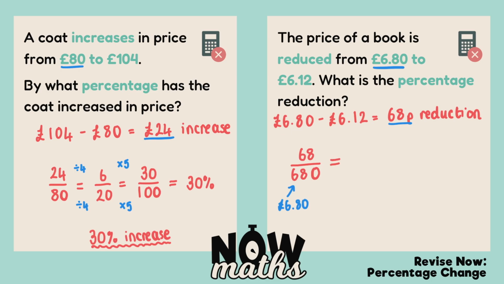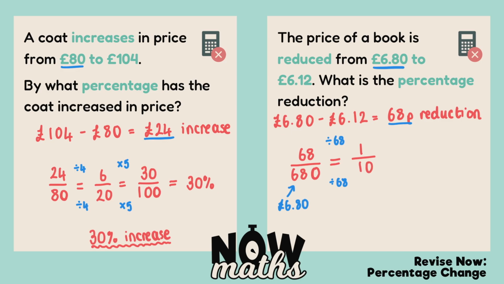And similar to the previous question, 680 does not go into 100. So let's try and simplify this fraction first. Since 68 is a factor of both the numerator and denominator, let's divide both by 68. On the numerator, 68 divided by 68 is 1. And on the denominator, 680 divided by 68 is 10.